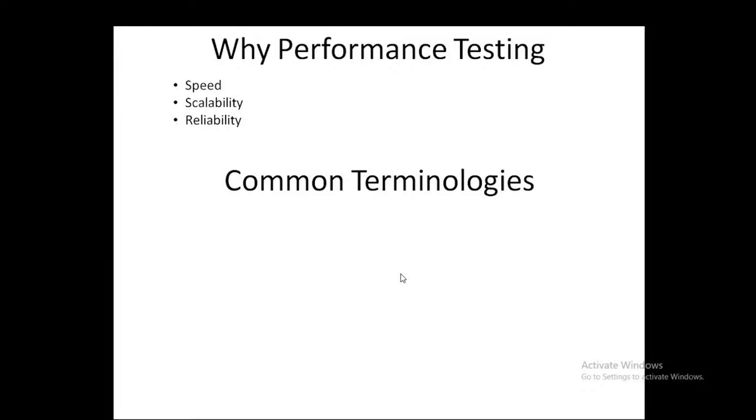Then I still cannot say that my application performance is good, because I need my application to be reliable as well, for longer periods of time. My application should have good performance. That is why we say that the important parameters we need to measure from a performance testing point of view are speed, scalability, and reliability.